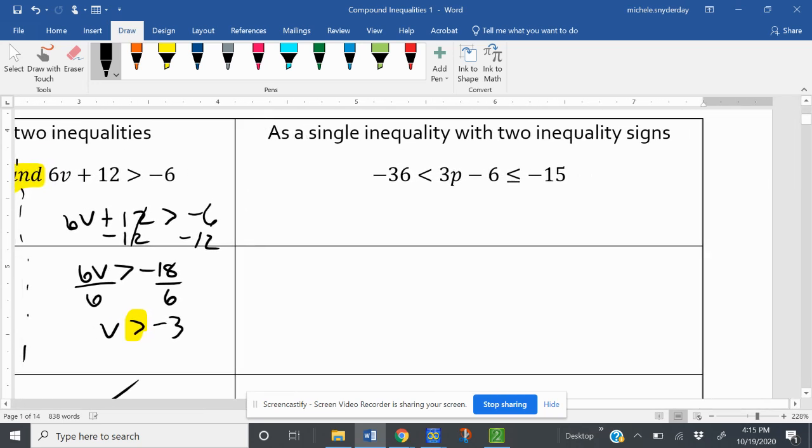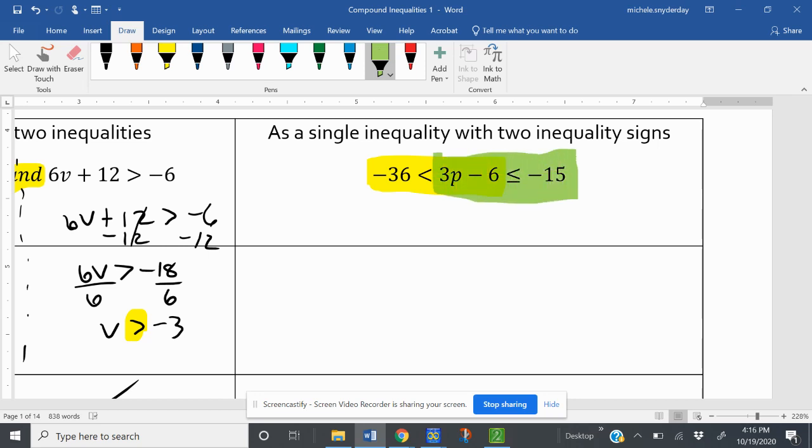Alrighty, the next version is when they are written together. We have two inequalities, and we might need to separate them so that we can solve them. Well, one part of the inequality is this part, and then the other inequality still has the middle part, but we would include it on the right-hand side.